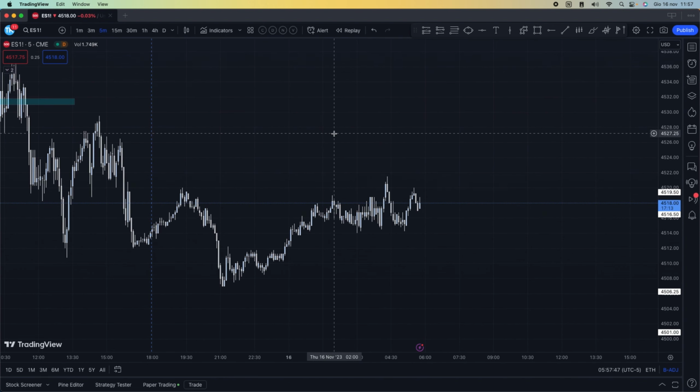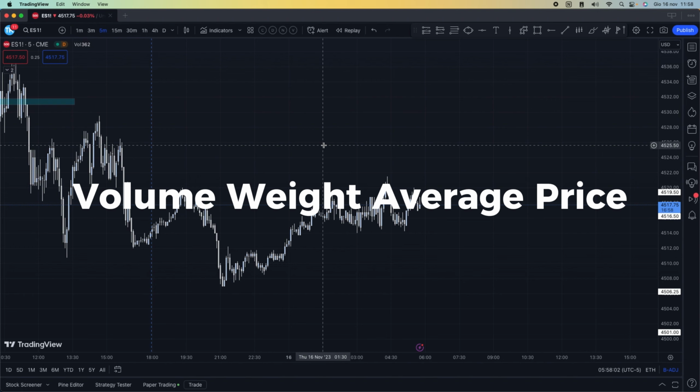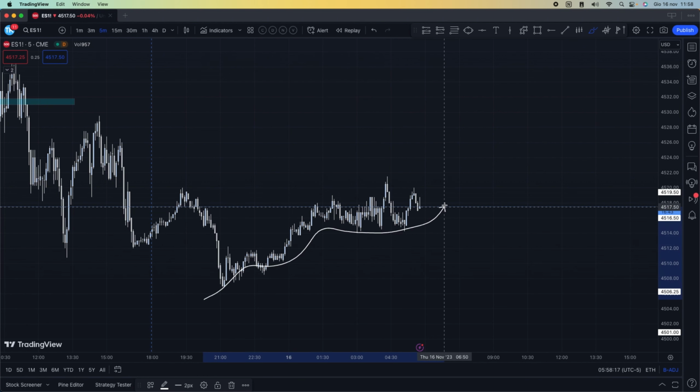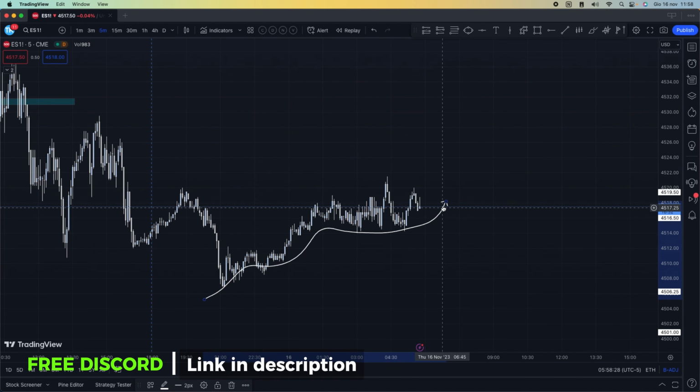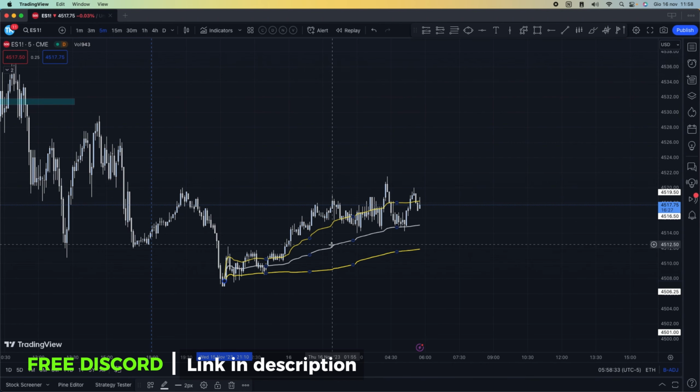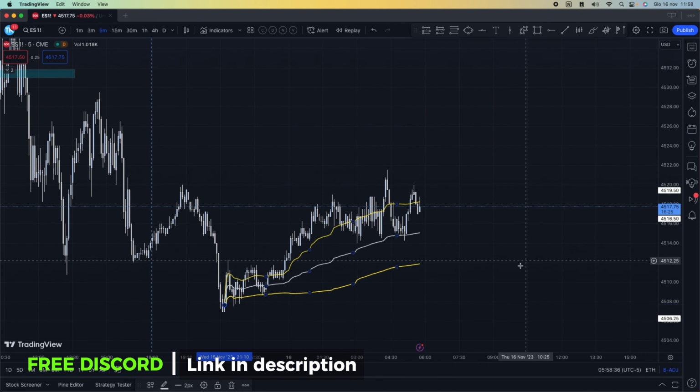Institutions say that it is the only indicator that they use, and it's not difficult to believe, because the VWAP, you see it as a simple moving average. Okay, this is how it looks. But it's a very different thing.